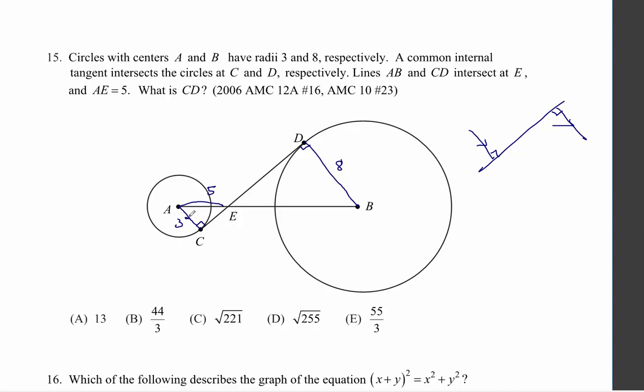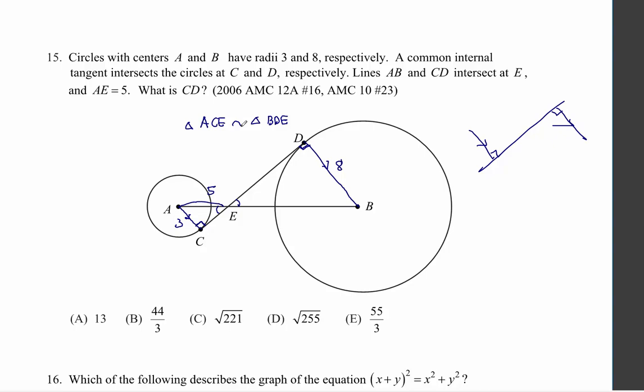This line is parallel, so these are vertical angles, they are congruent. Parallel is what? Also this is another angle, okay? We got another right angle already. So, angle congruent, you can see that triangle ACE and triangle BDE are similar, isn't it? They're similar, right? Corresponding sides are proportional.